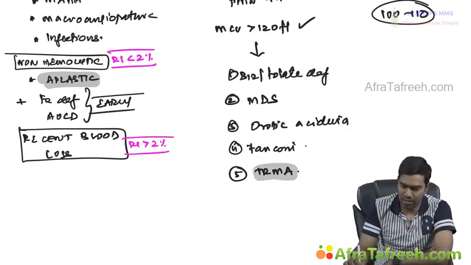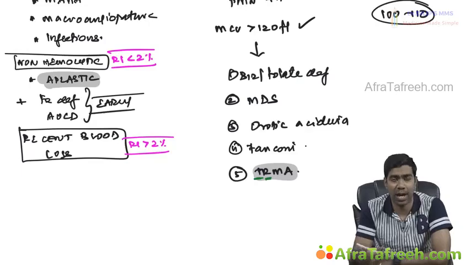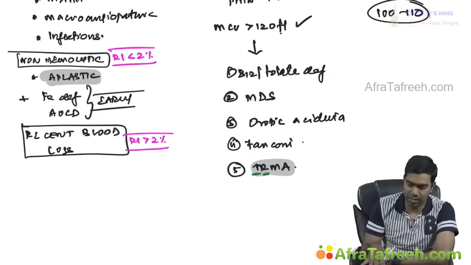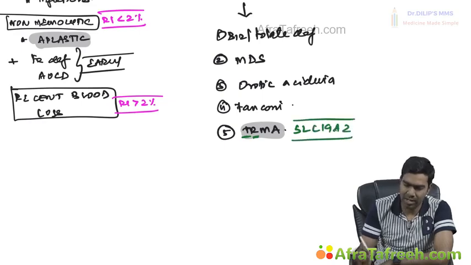So what do you mean by thiamine responsive megaloblastic anemia? The name itself suggests this megaloblastic anemia is thiamine responsive, which means it responds to high doses of thiamine in the first place. If they ask what the defect is, it is in SLC19A2, the thiamine transporter into the cell.